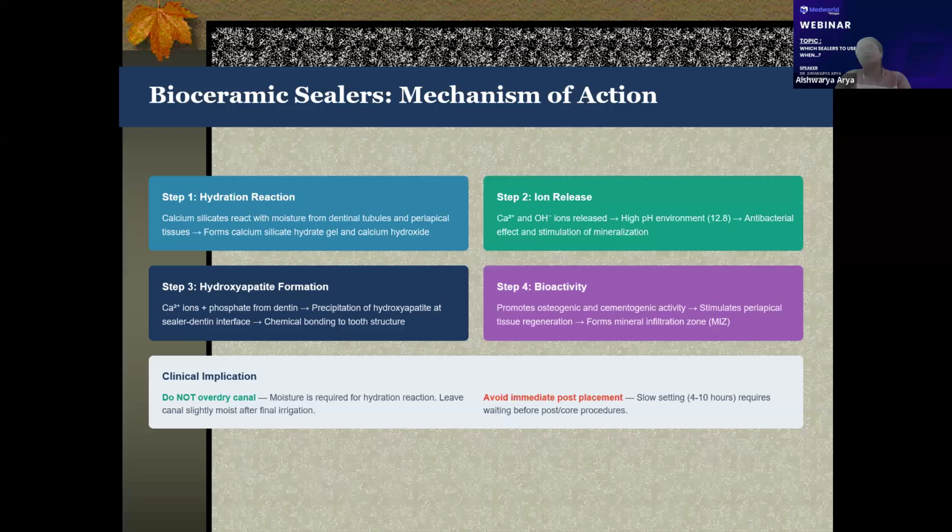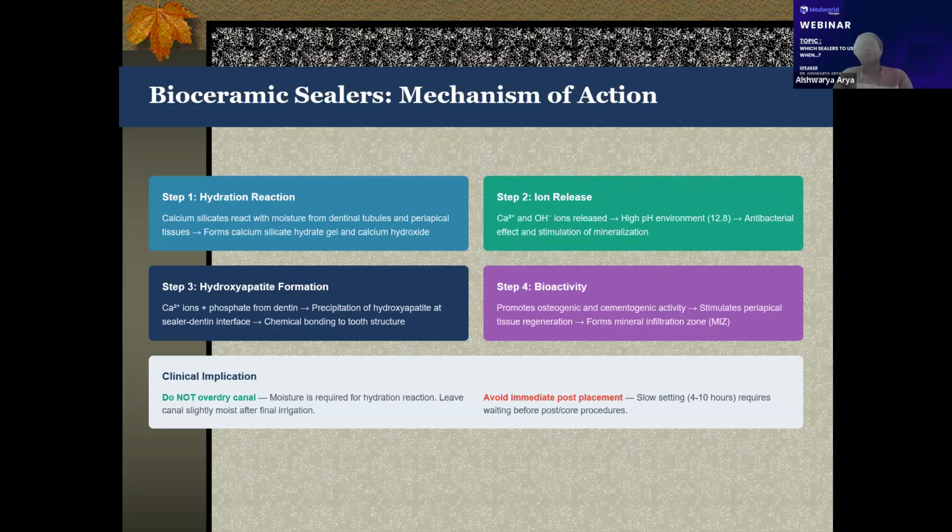Whenever you're checking your master cone, make sure that it has a very thin coating of sealer. Or rather, you can always keep some moisture present in the canal. So let some saline be present inside the canal. Don't over dry your canal.